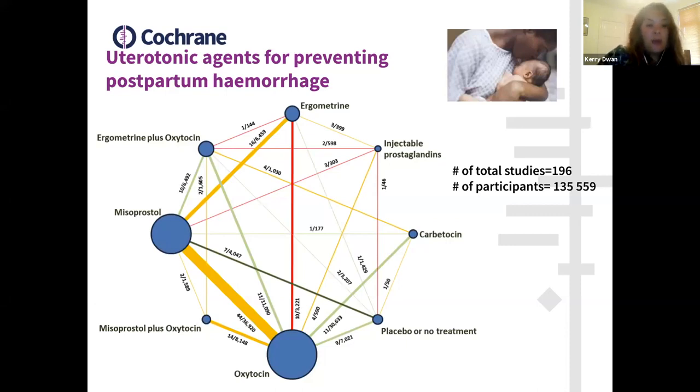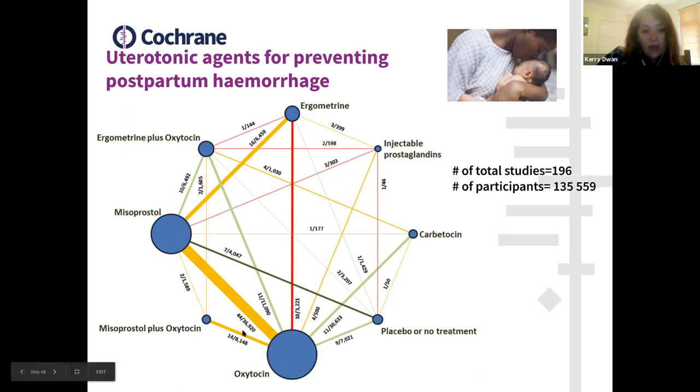And the circles represent the number of trials and participants that are looking at that particular intervention. And the size of the lines also represent the size of the trials and participants with that direct comparison.